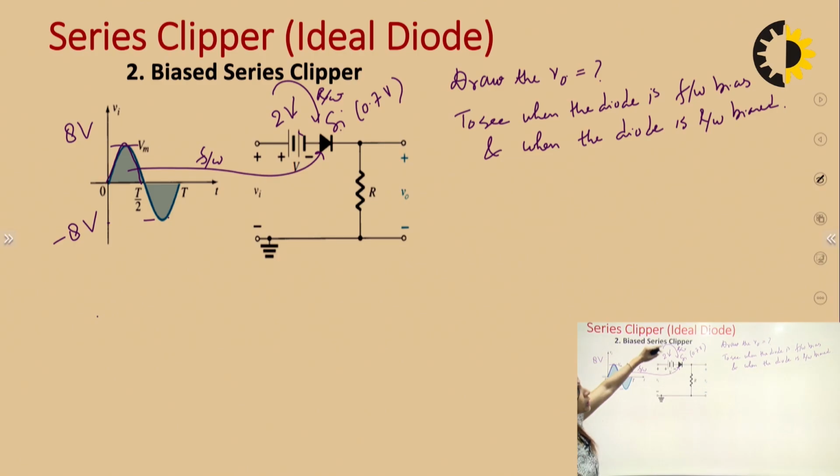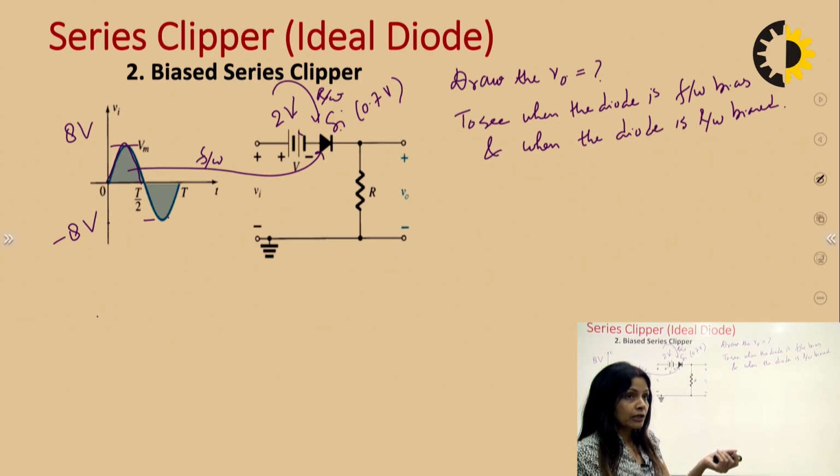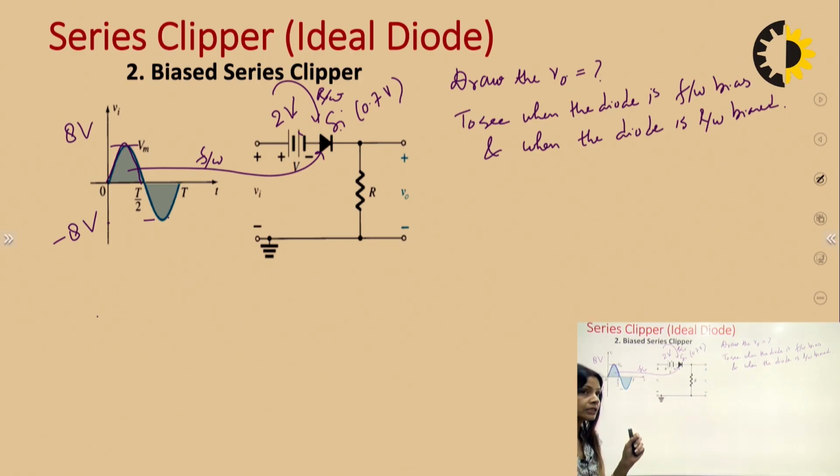When the diode is forward bias and this voltage is greater than 2, the DC battery effect will vanish. When this voltage goes above 2 volts, the battery effect vanishes. After the battery effect vanishes, 0.7 more is required by the silicon diode to remain in the forward bias condition.